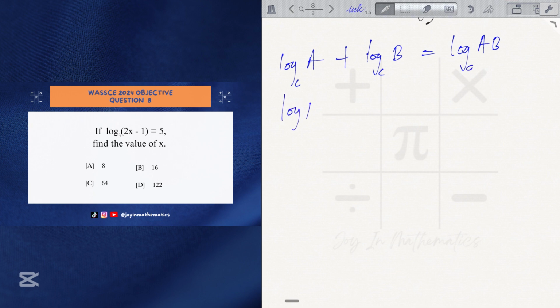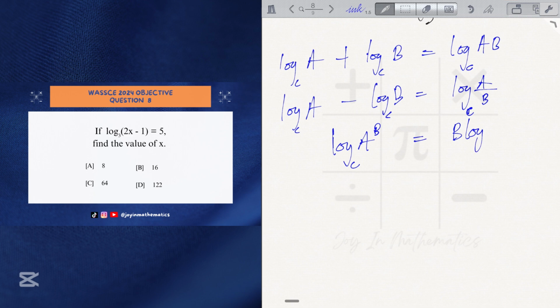Similarly, log a minus log b is equal to log a over b, provided they have the same base c. Also, we have the power law: log a raised to the power b to base c is equal to b log a to base c. Now, these are all the interesting parts in logarithm.